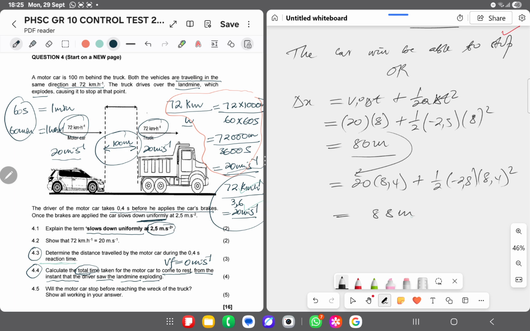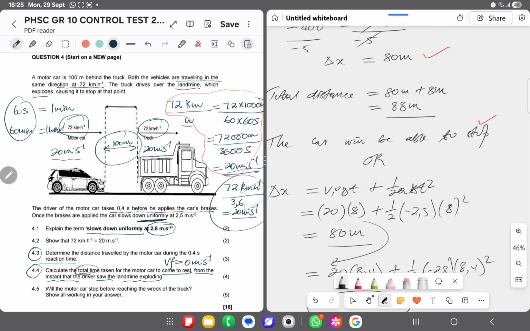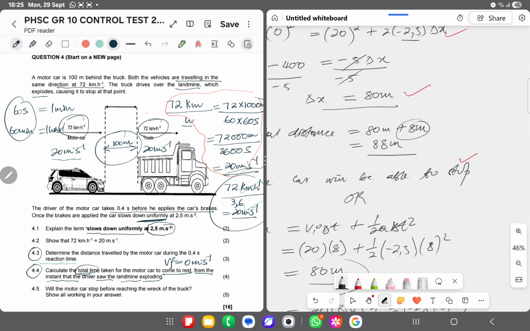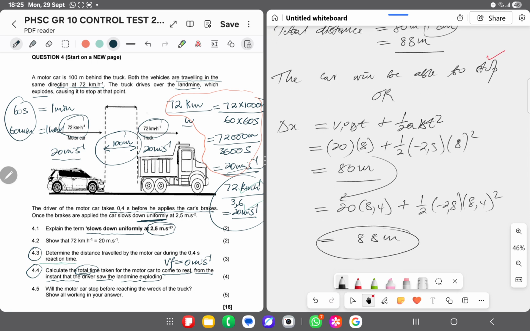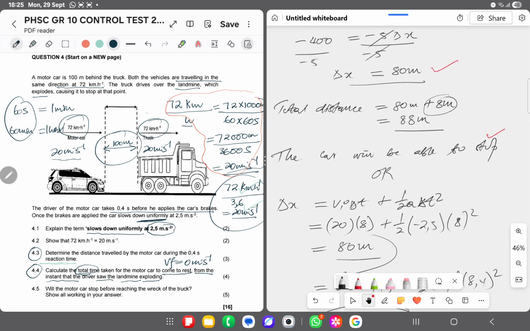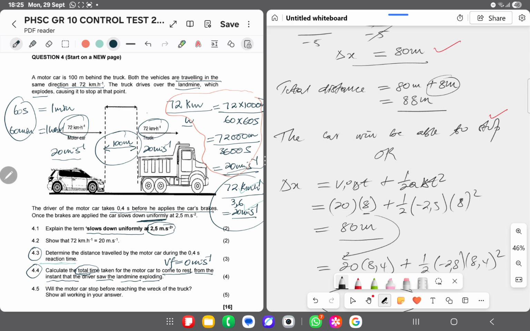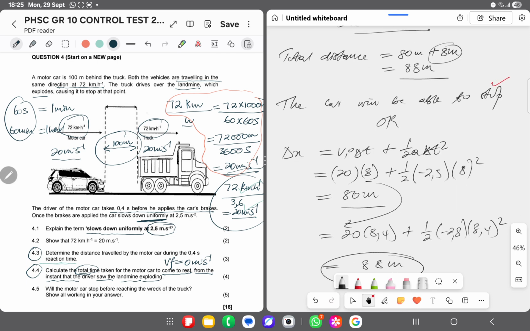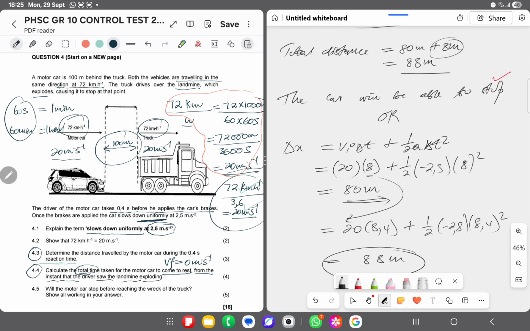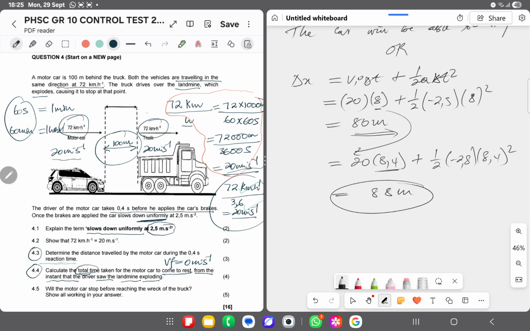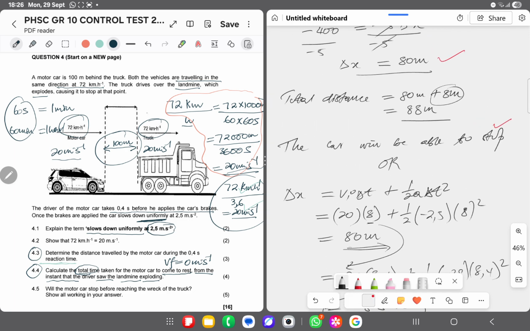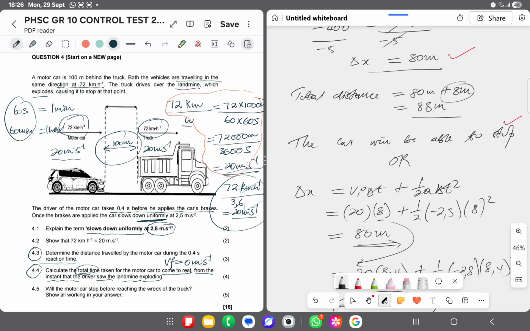It will be 88 meters because I've already added that 8 meters. But if we're using strictly 8 seconds, you're going to get 80 meters. If you're using 8.4 seconds, you're going to get 88 meters, which is the same as the one at the top there. Okay, thank you very much.